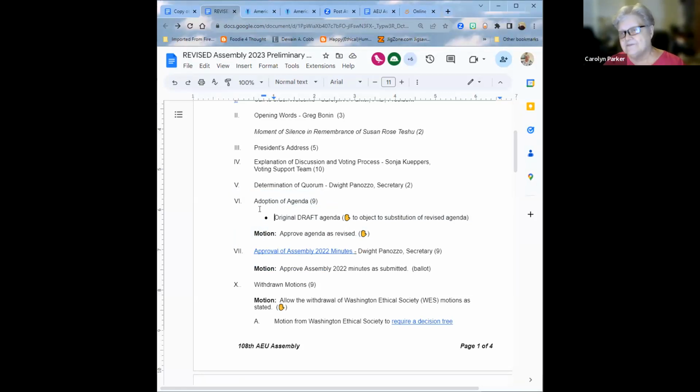The delegates have to consent to the amended version. So I will be asking you if there's any objection to substituting the revised agenda for the original agenda that was posted on the delegate website.